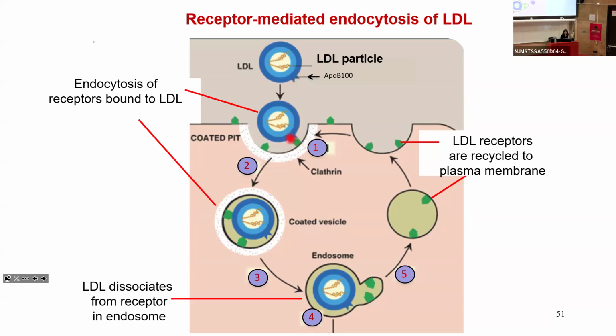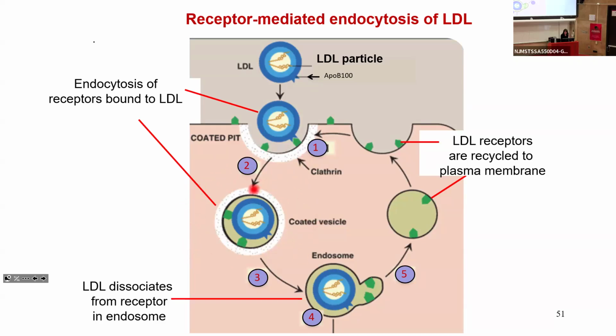And when this comes into contact, the membrane of the cell is going to form what's called a clathrin-coated pit. Clathrin looks kind of like hexagonal chicken wire that's going to deform the plasma membrane, and it's going to surround the LDL particle and take it up to form this coated vesicle.